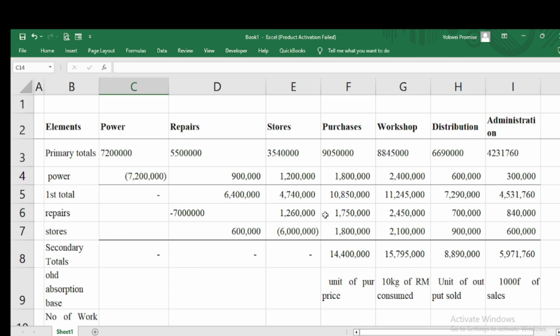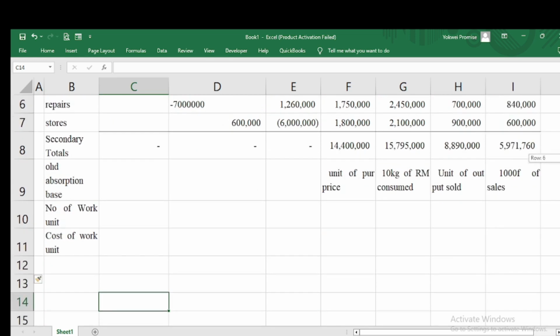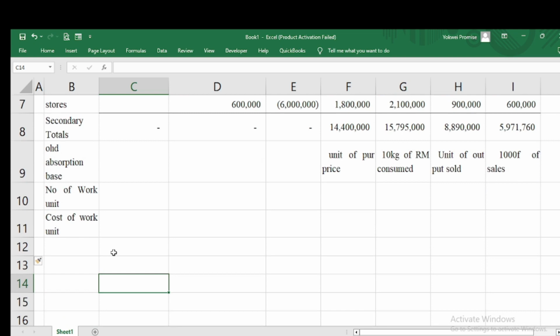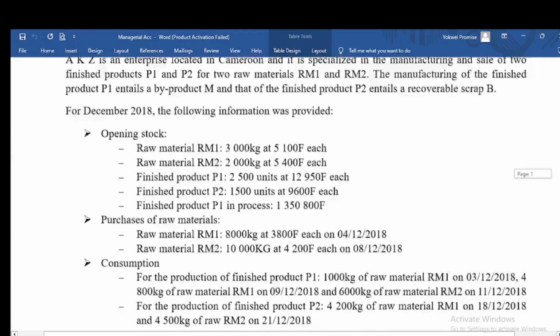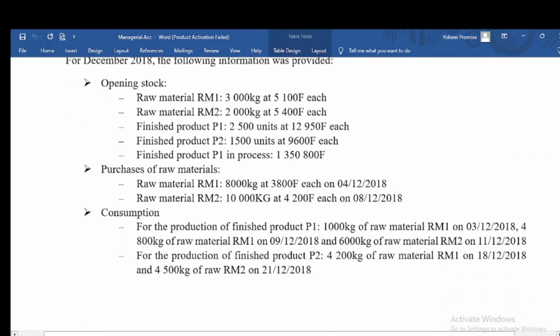We are going to list all the units from the question. So these are the purchases that we have here.